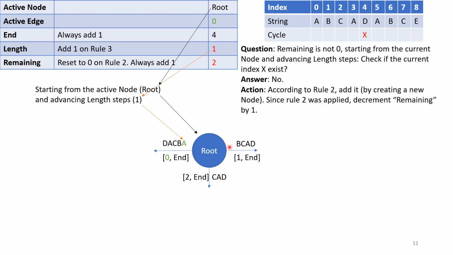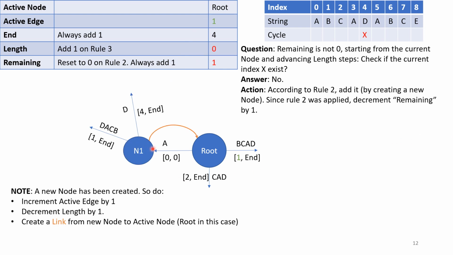So in this case, where do we add it? Do we add it on the root, or do we add it right after A? Well, we want it to be right after A, but there's no space because we already have this B. So we'll need to create a new node, like so. The original was from A, B, C, A, D, and the new one is just D. So AD so far.